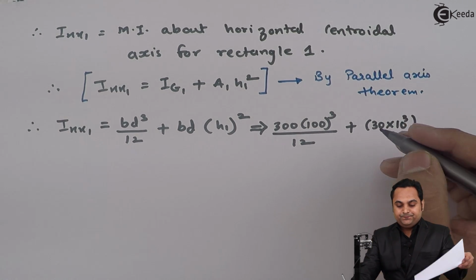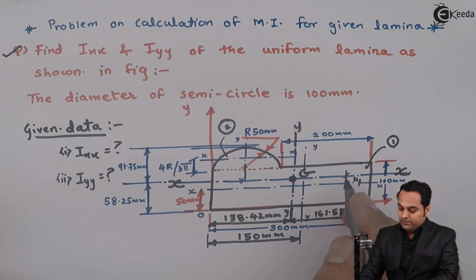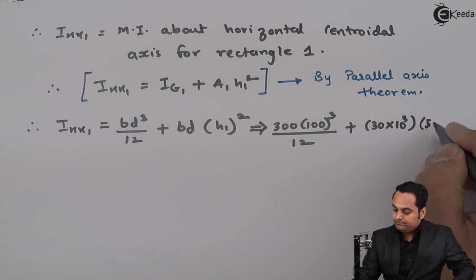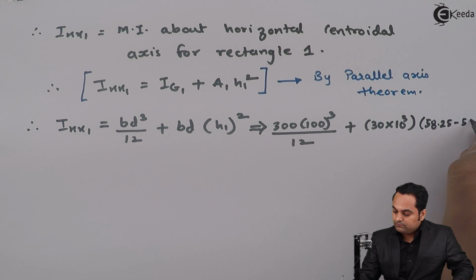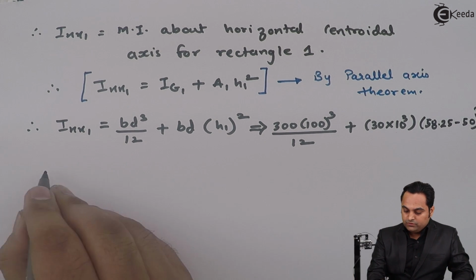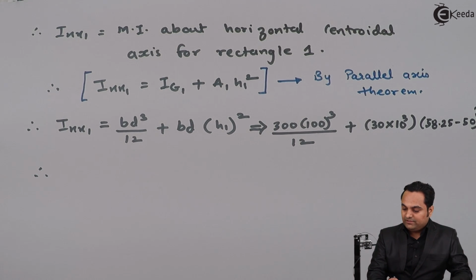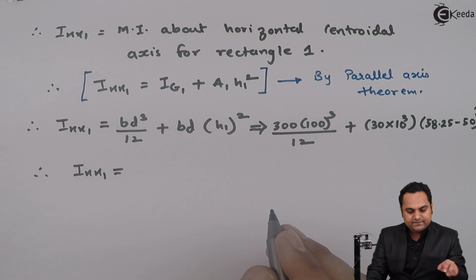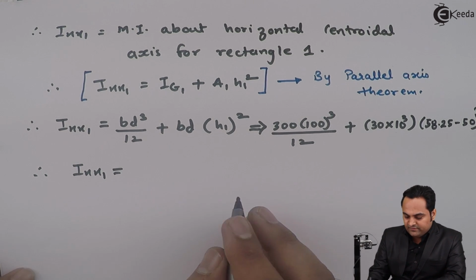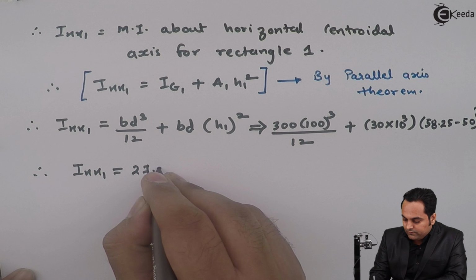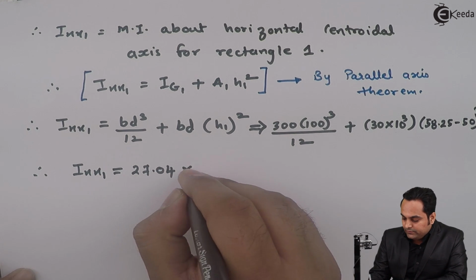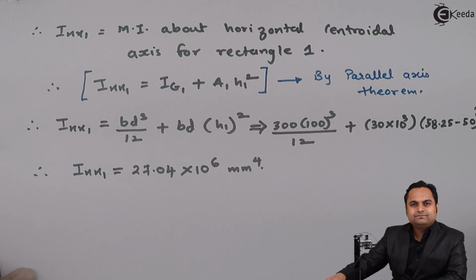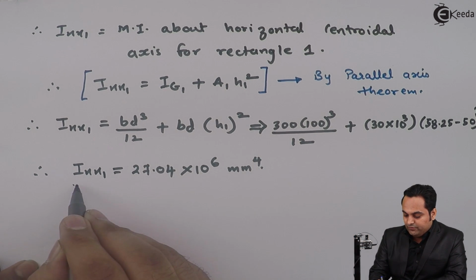Now h1 will be 58.25 minus 50. So from this, if we go on calculating, I'll get the answer of Ixx1 as 27.04 into 10 raised to 6 mm raised to 4. So this is the value of Ixx1.